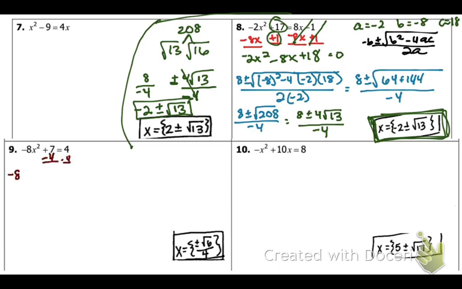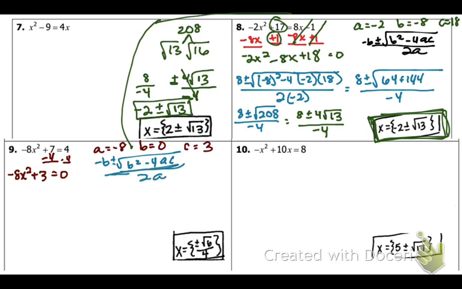I'm left with negative 8x squared plus 3 is equal to 0. Find your values. My b is 0 because I don't have a b, and my c is 3. So now negative b plus or minus the square root of b squared minus 4ac divided by 2a. Okay, so now let's substitute in our values.